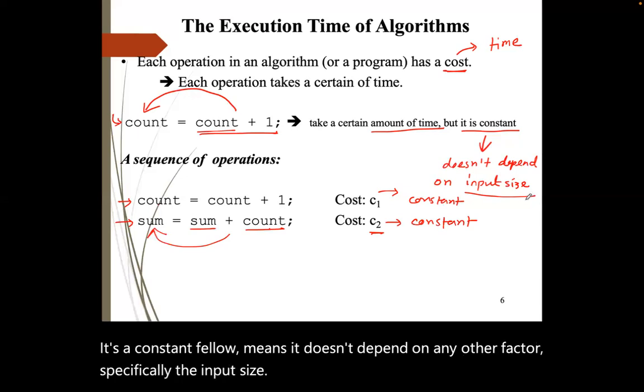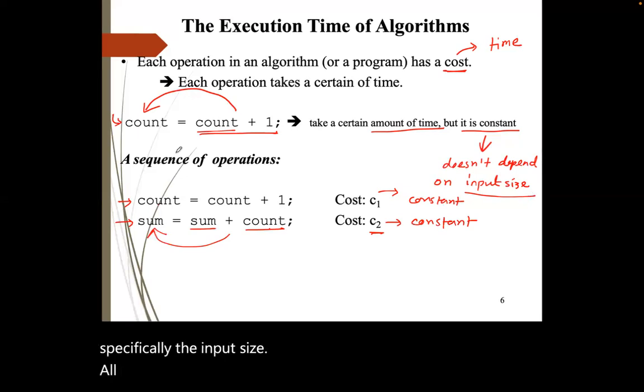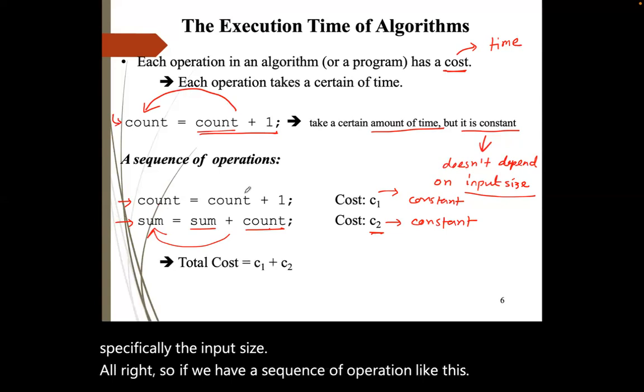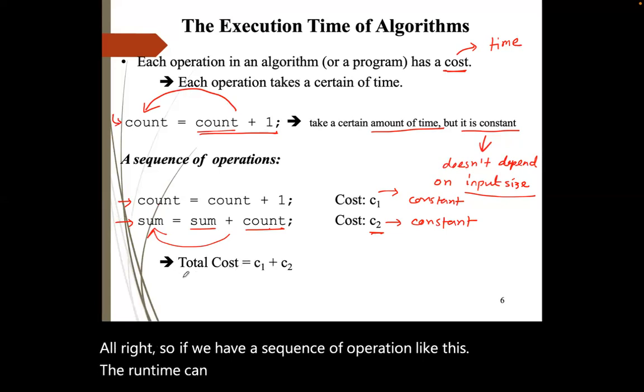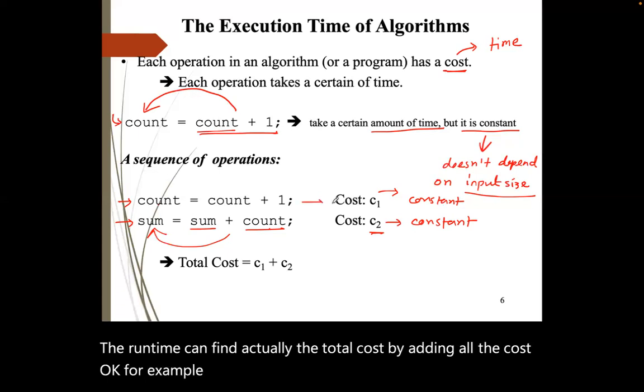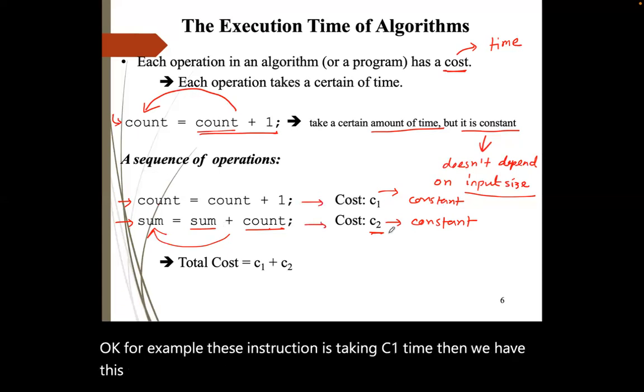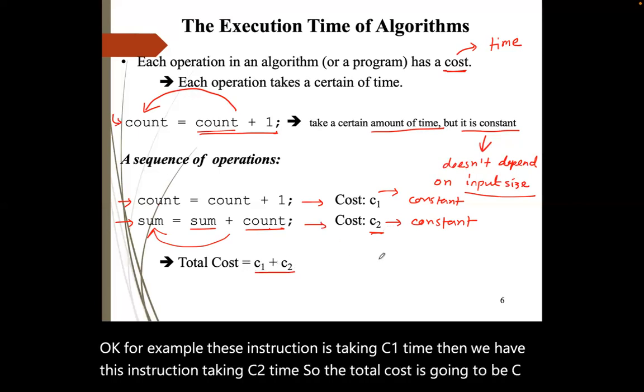So if we have a sequence of operations like this, we can find the total cost by adding all the costs. For example, this instruction is taking C1 time, then this instruction takes C2 time, so the total cost is going to be C1 plus C2.